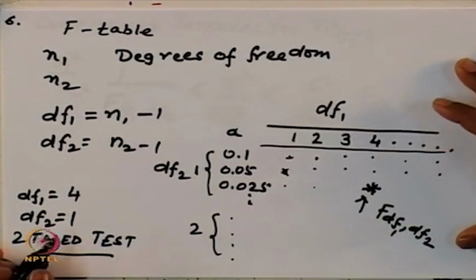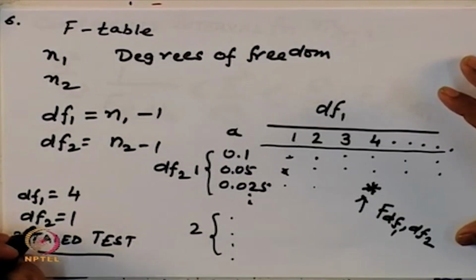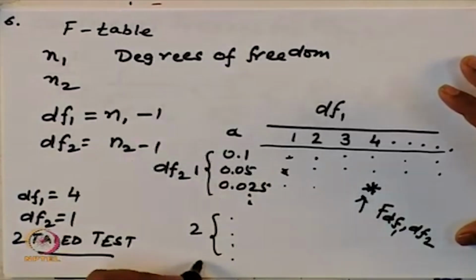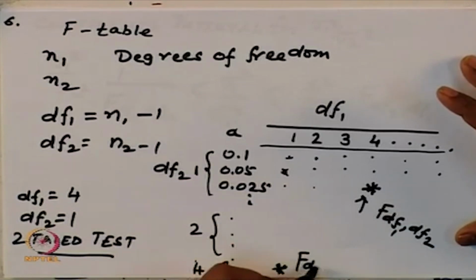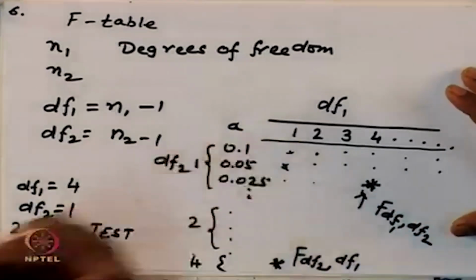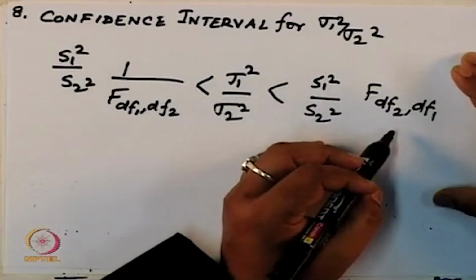Correspondingly, I can find out f of df2 comma df1. So, df2 is the corresponding value. In this case df2 is 1 and 1 comma, and for 4 I will have various values. So, this will be f of df2 comma df1. So, you can have two different values, and the expression gives you 1 by f of df1 comma df2 or f of df2 comma df1.